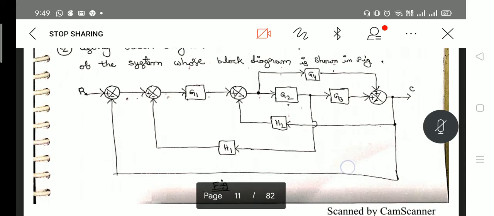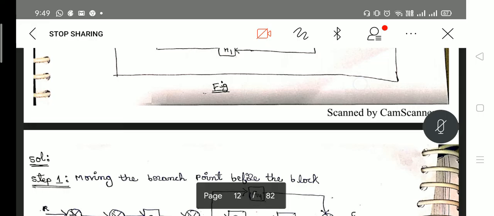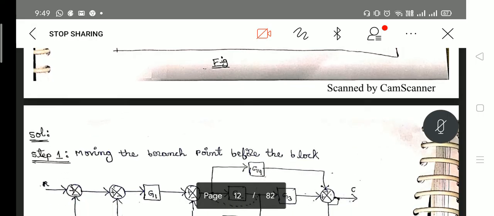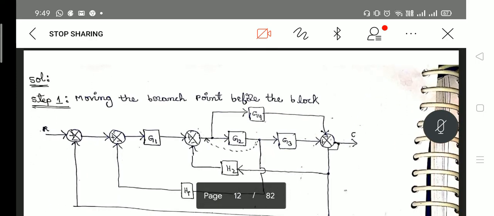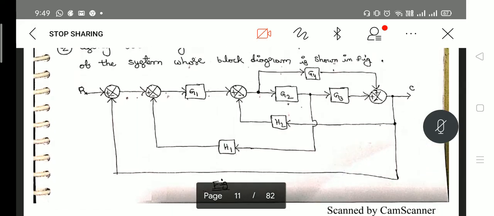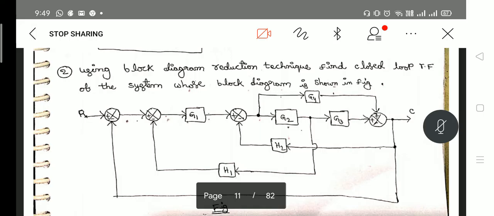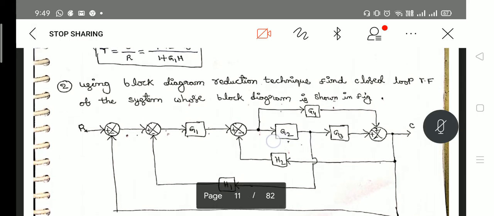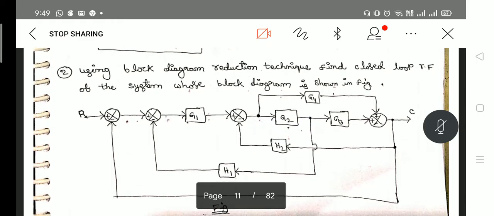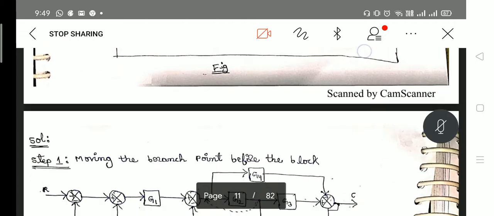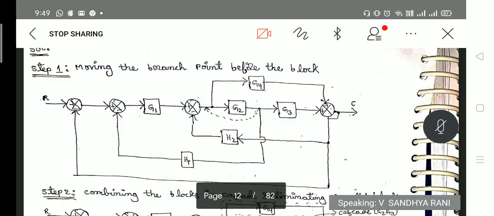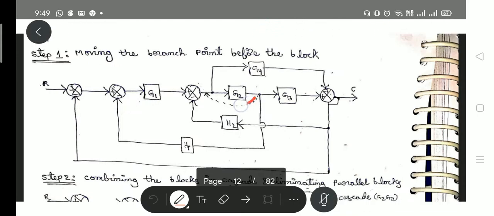Which step do you do first? First, moving the branch point before the block. I am taking this branch point to here. Okay. I am taking this branch point to here.